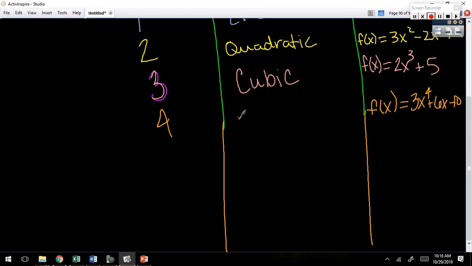This is called, does anybody want to guess? Think about it. You're really close. Are you looking in the book? Okay, that's 5. Quartic. Do not get quartic and quadratic mixed up. They look very similar. Those are the ones everybody always gets mixed up.